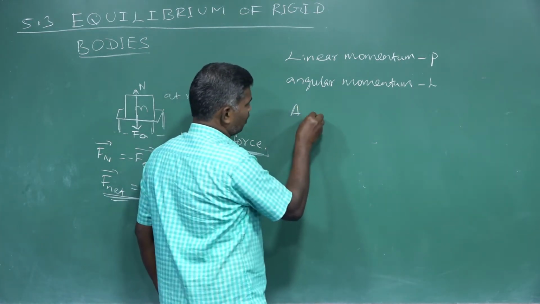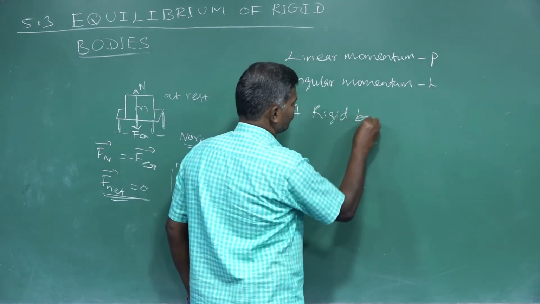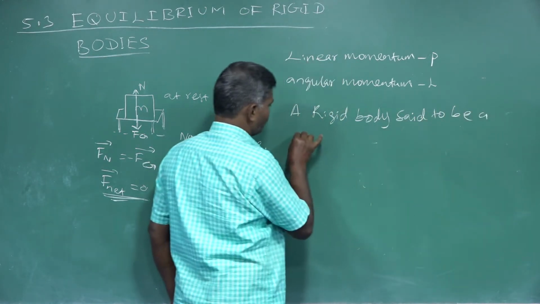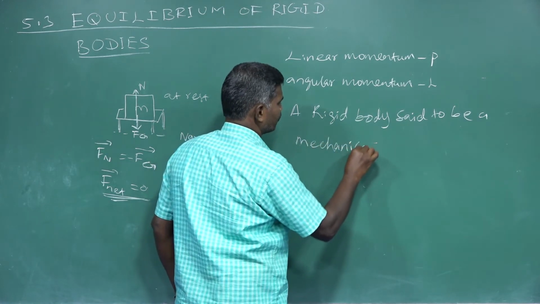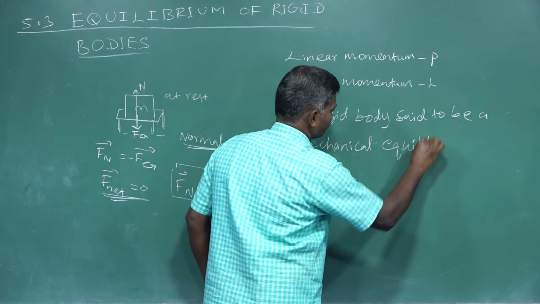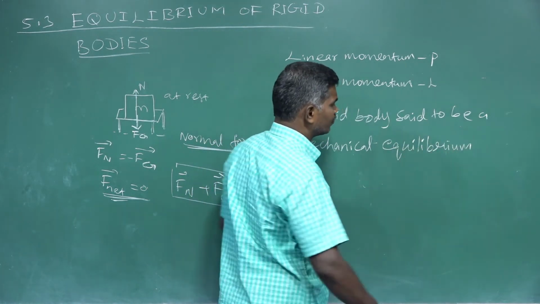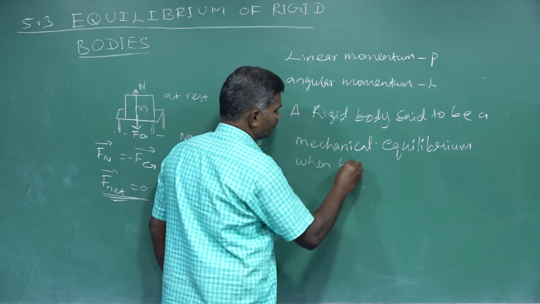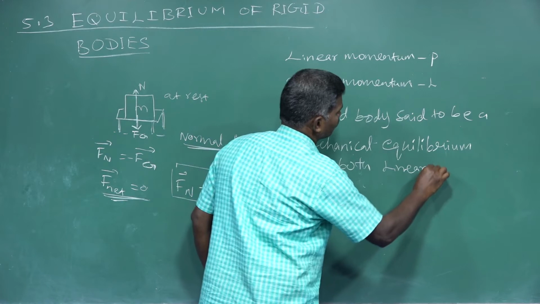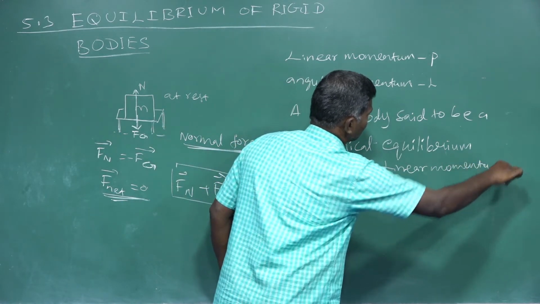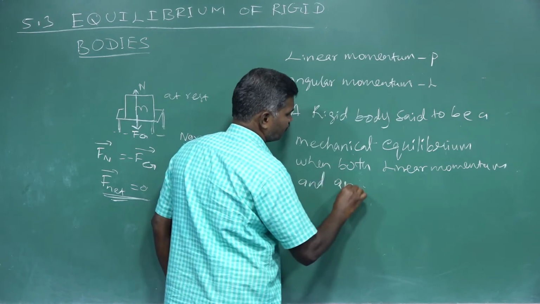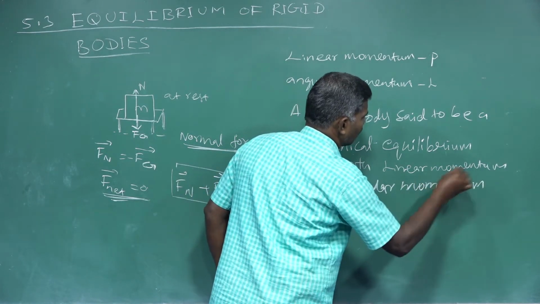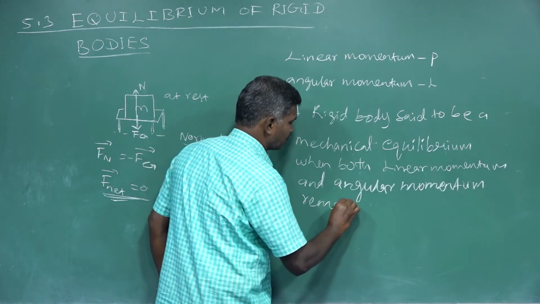We will say that a rigid body is said to be in mechanical equilibrium when both linear momentum and angular momentum remain constant.